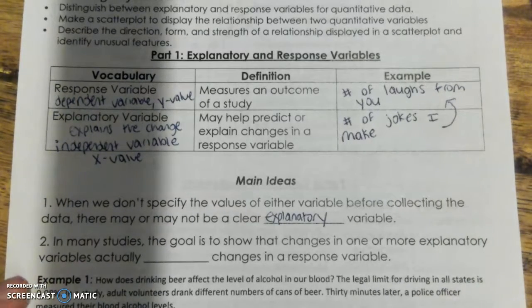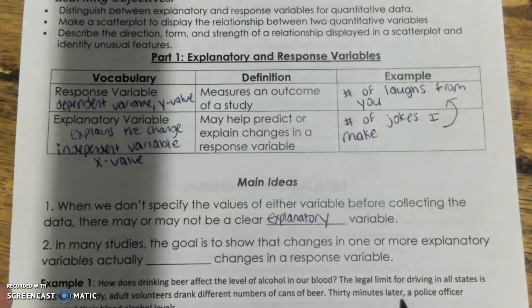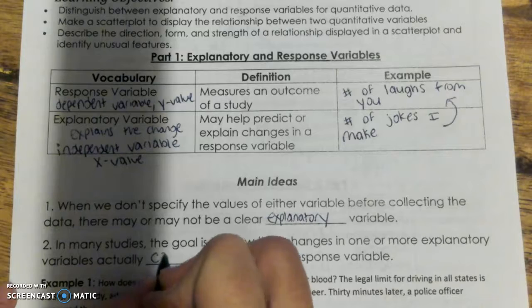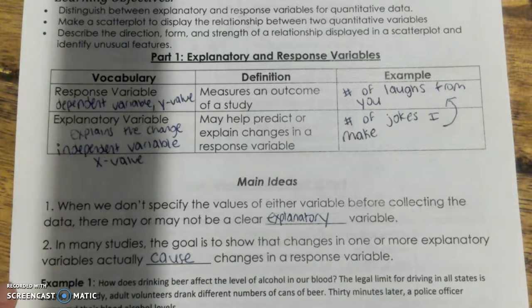Number 2, in many studies, the goal is to show that changes in one or more explanatory variables actually cause changes in a response variable. Because what's the whole point of statistics if we're not using all these numbers to show causation and show relationships? So that's the ultimate goal, right? We want to prove that one explanatory variable causes a change in a response variable.